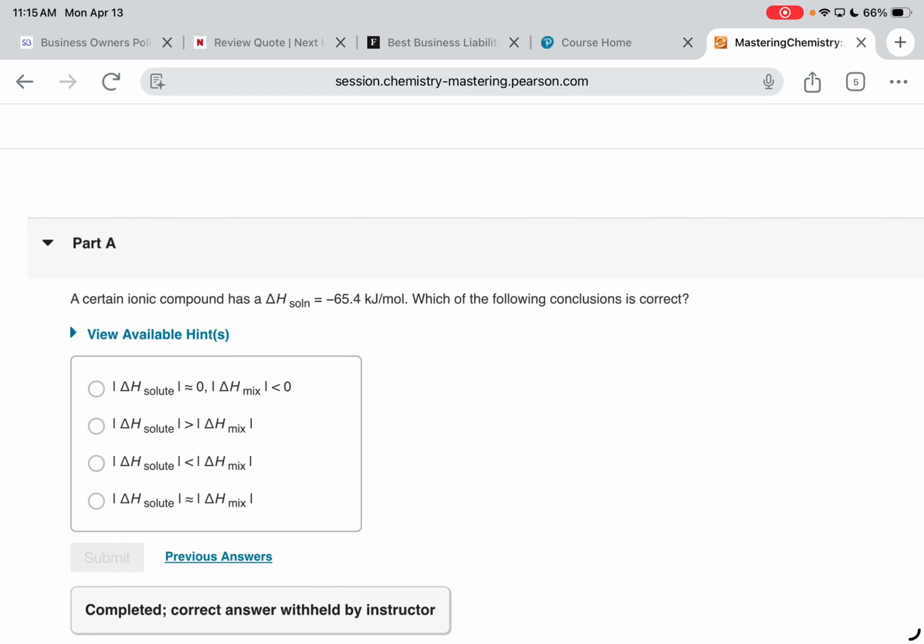Delta H of mixing is larger than the sum of the other 2. This is bigger than those 2 added together. That's how we know that this is exothermic, right? So maybe this one was, I don't know, 200, and this was 135, so that the difference was negative 65.